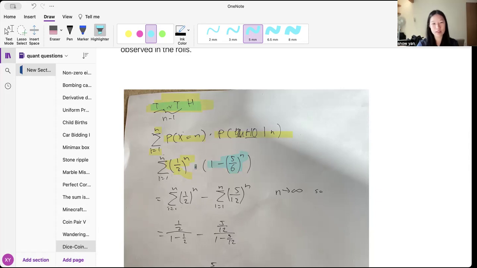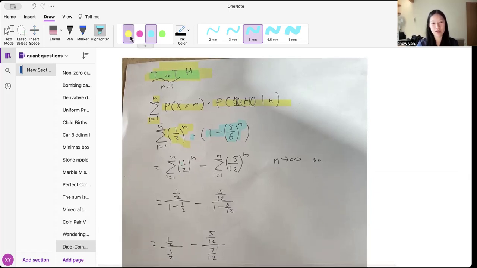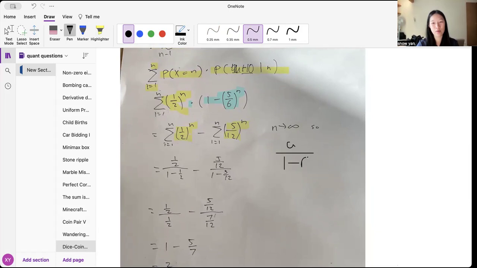Next, since we multiply, we combine the terms and separate them so that it's easier to handle as an infinite geometric series sum. We have 1/2 to the nth power minus 5/12 to the nth power. As n goes to infinity, we use the infinite geometric series formula, a divided by 1 minus r, where a is the initial term and r is the common ratio.